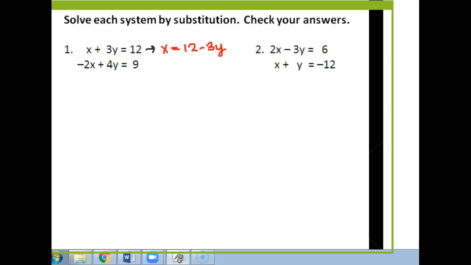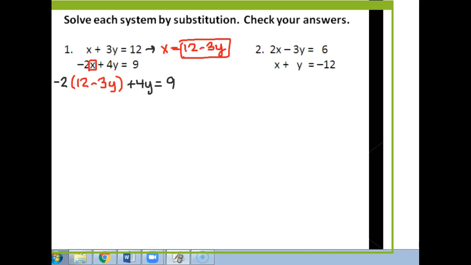And what we're going to do is just like the warm-up, we're going to replace the x in the other equation with the x we just solved for, or it's 12 minus 3y. So we get negative 2, but now instead of writing x, I'm going to write 12 minus 3y. And what that does is it turns the second equation into all y's.